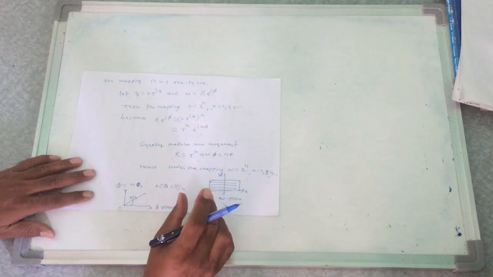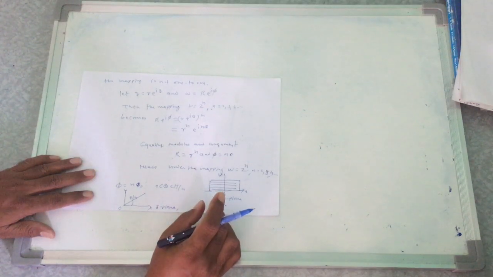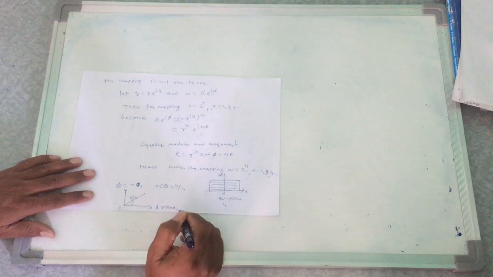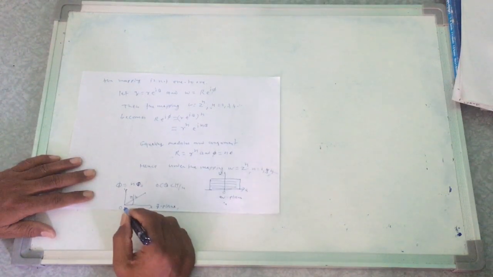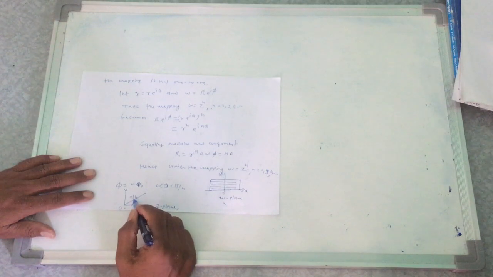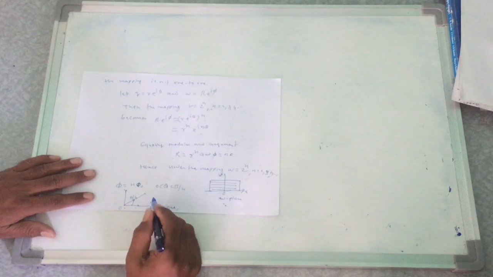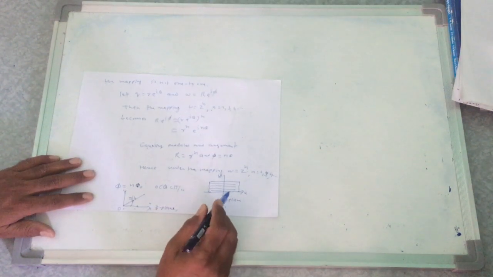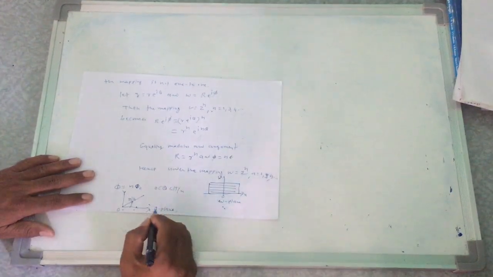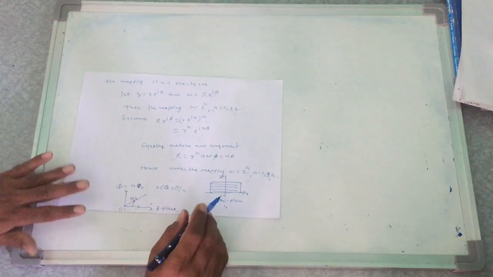If theta lies between 0 to pi by n in the z plane, it is mapped into the upper half region. So phi is between 0 to pi of the plane, shown like this. Understand?